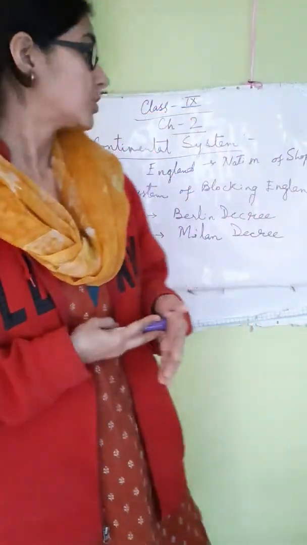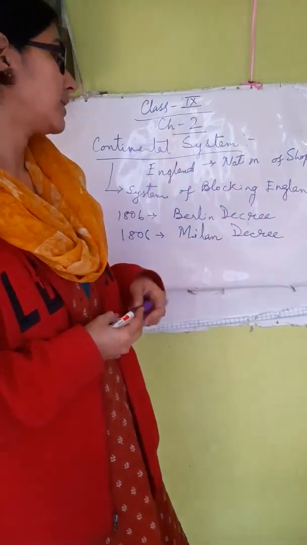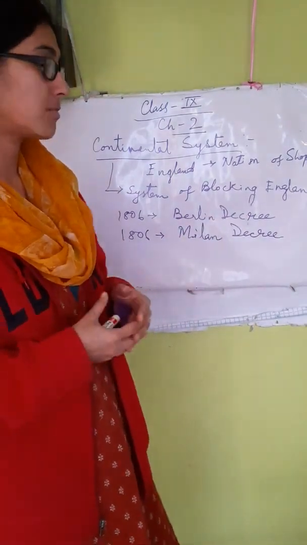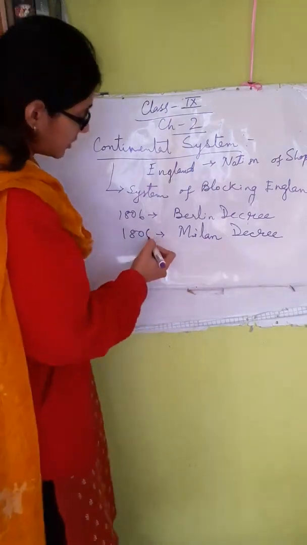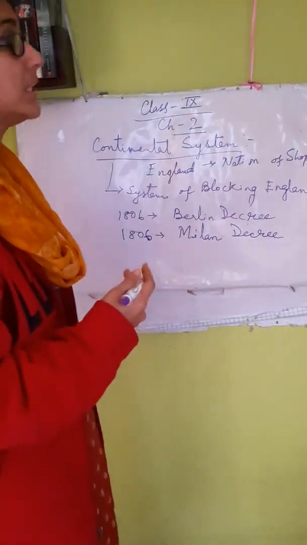If any country was caught trading with England, that country's ship would be caught and confiscated. All the goods would be taken away by Napoleon. So these two decrees were passed by Napoleon to isolate England from this trading system, and all the countries were forced to stop trading with England.